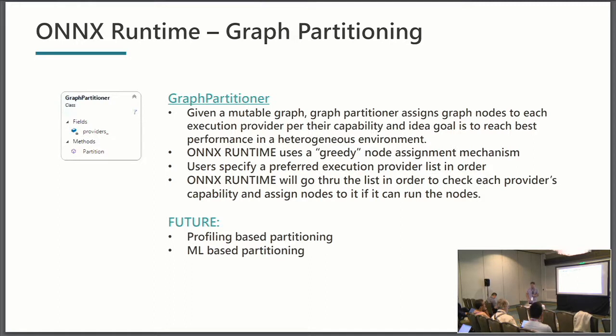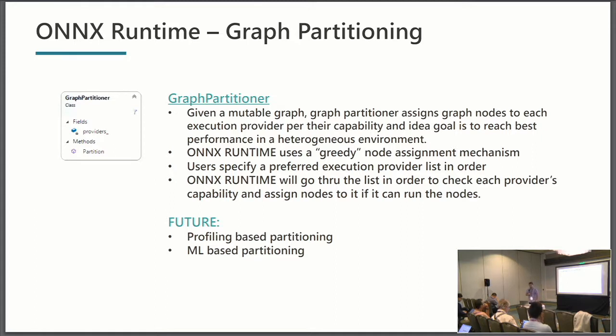Okay, for graph partitioning, given a mutable graph, the partitioner assigns graph nodes to each execution provider per their capability. And the ideal goal is to reach the best performance in the heterogeneous environment. ONNX Runtime uses a greedy node assignment mechanism now.